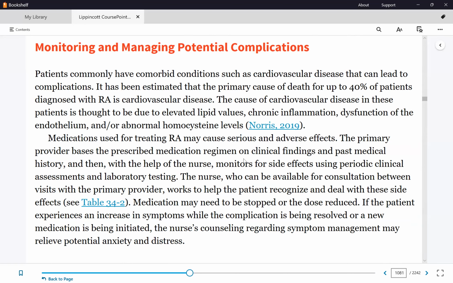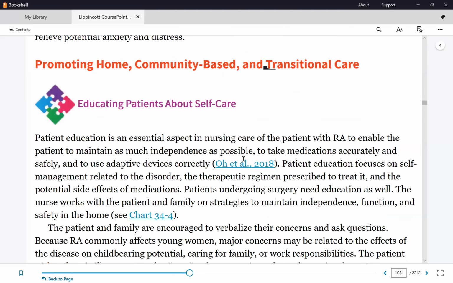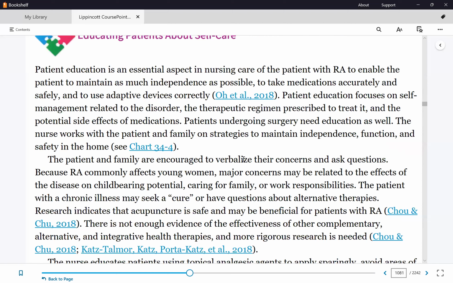Okay, so let's go to patient teaching now. So this is where you come in. So encourage, with the help and collaboration of OT, occupational therapists, they'll suggest some adaptive equipment for these patients, especially those with hand deformities now. So they'll use adaptive devices for eating, for doing ADLs, chores at home, pick up devices, okay?